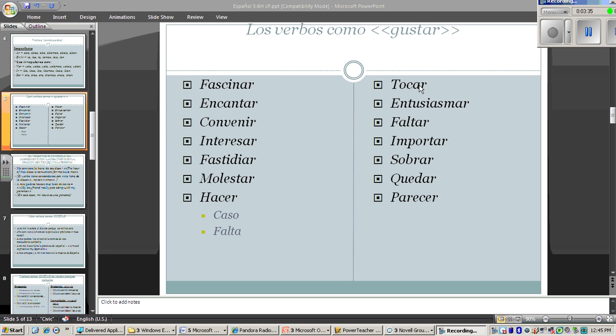If I pick on someone who hasn't volunteered, I might say, Maria, te toca a ti. If I'm picking on a couple people, I might say, les toca a ustedes. So tocar refers directly to it being your turn. Me toca. My turn.